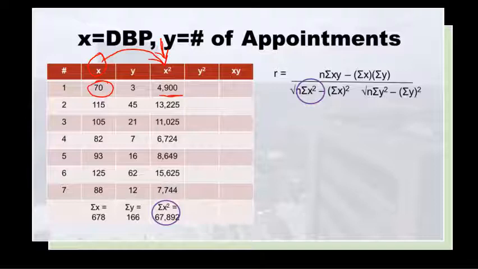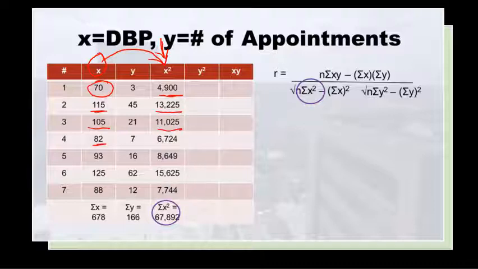And 115 squared is going to equal 13,225, and so on and so forth. You're going to go down the entire thing. 105 squared is going to equal 11,025.